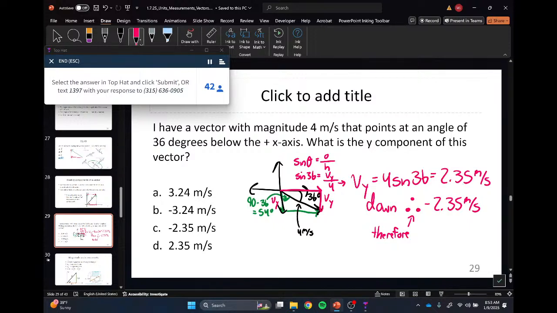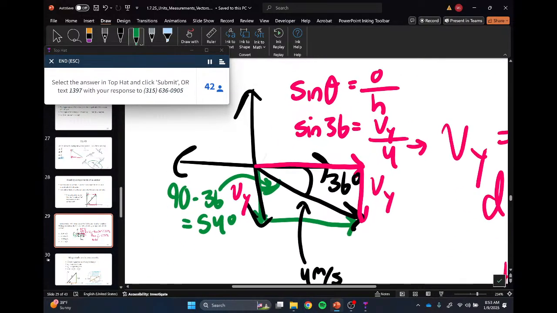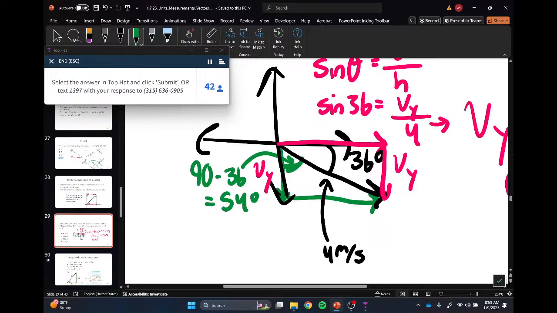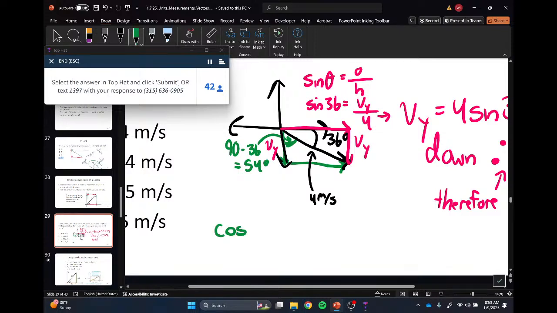Let's look at the green one. Just to show you all, it's the same thing, but slightly different. So in this case, in the green triangle, I have the angle, but we're no longer solving for the opposite side. We're solving for the adjacent side. If you notice here, the y component is next to the angle. So we're not going to use sine.